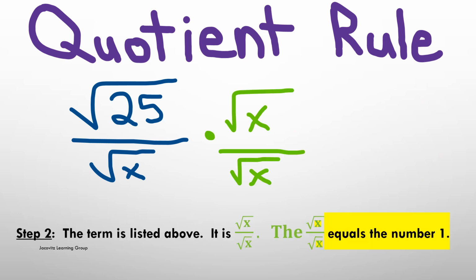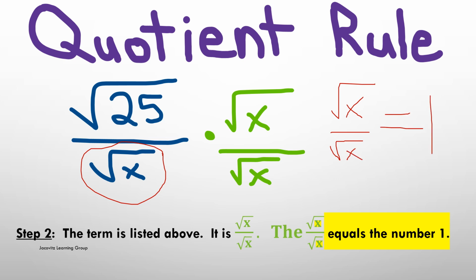So when you get ready to get rid of it, you have to multiply the denominator by itself on both sides of the fraction. Keep in mind the reason you're doing that is that this square root of x divided by this square root of x is equal to 1. And in these division rules, this is what makes you go over and take this over.